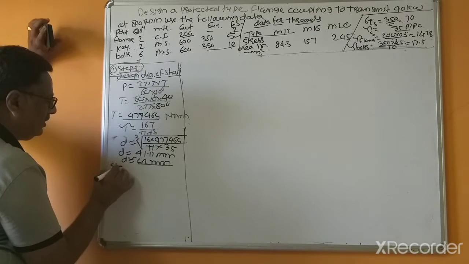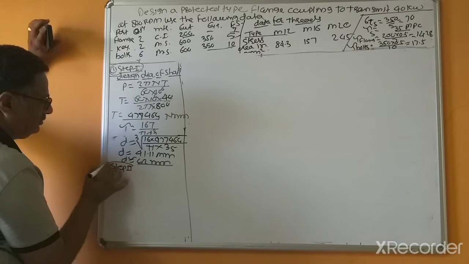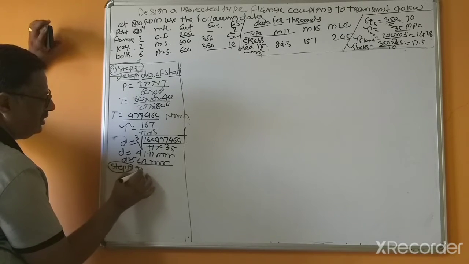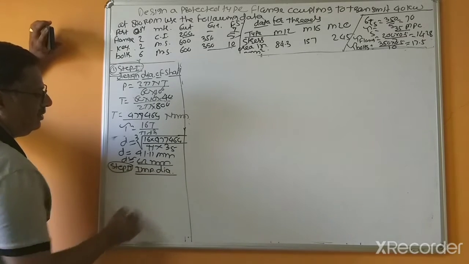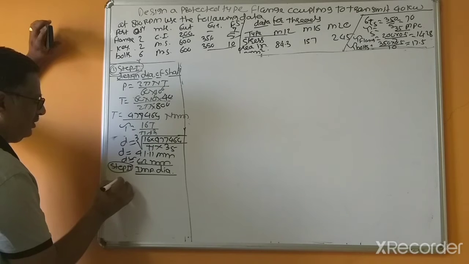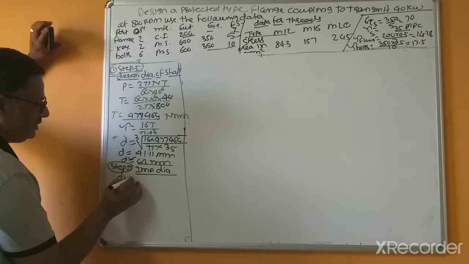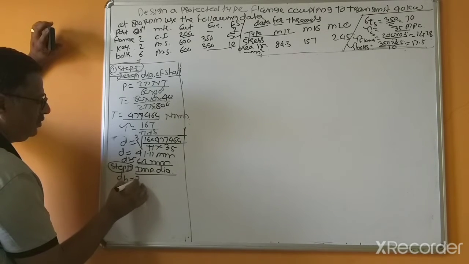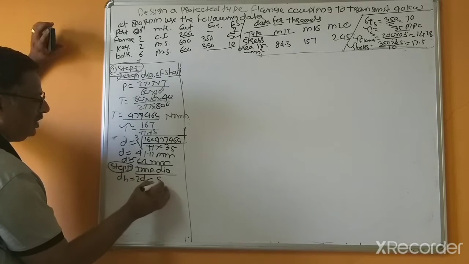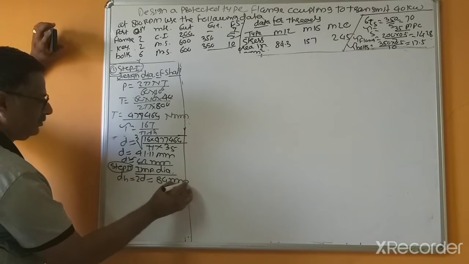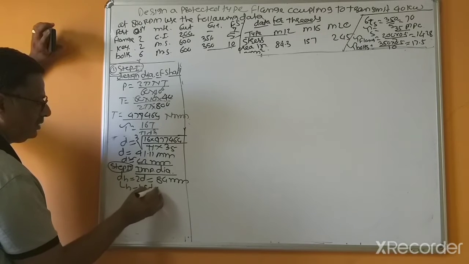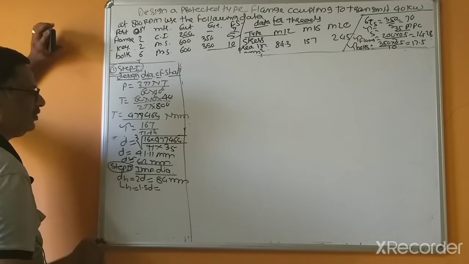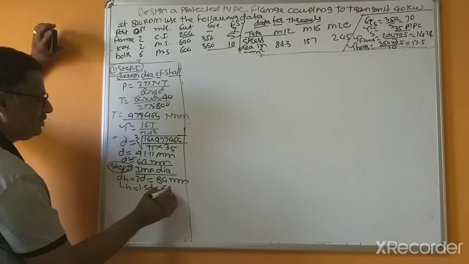Now next, step second, important dimensions. I only mention here the important dimensions. DH, this is very important, 2D, 84 mm. Length of the hub, this is also important, 1.5 times 42 is 63 mm.